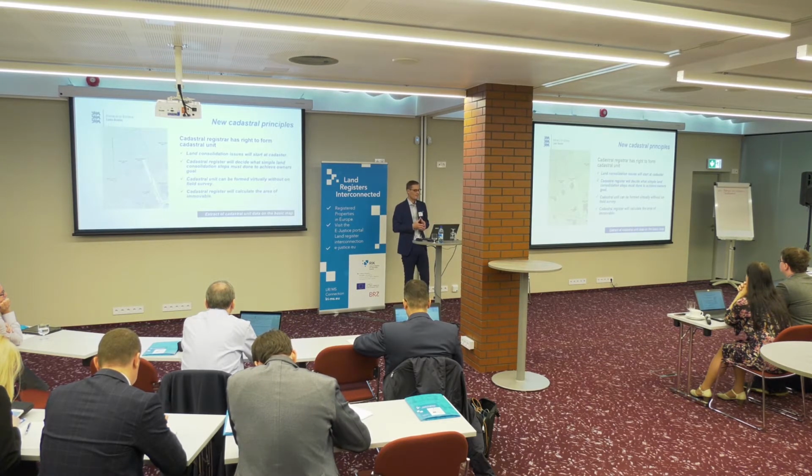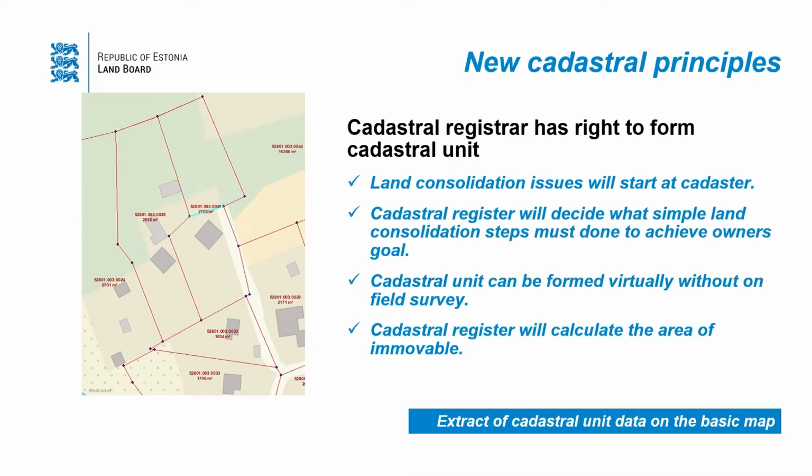Because we don't change the ownership, we can change the boundary very quickly. We just send the new data to the land register, and if they want to change ownership, like in some kind of transaction, they go to the land register.